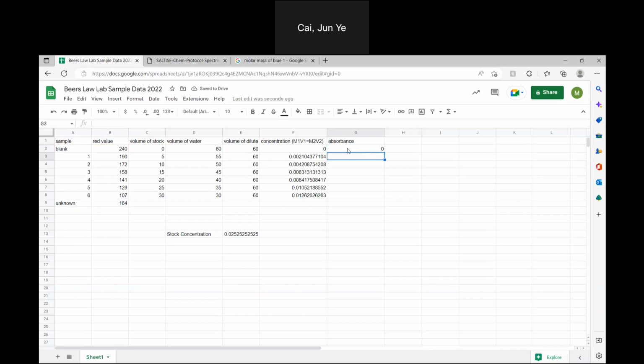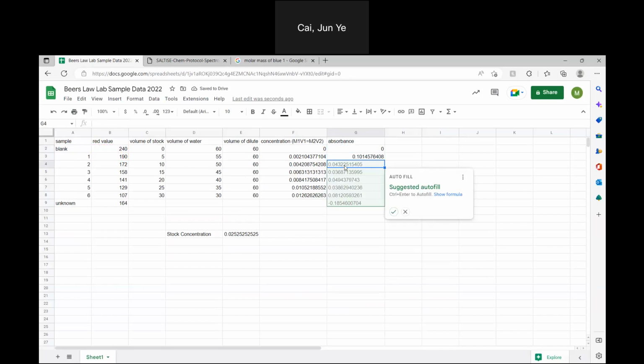No absorption in this case. And then we simply keep inputting this formula: equal to negative log of B3 divided by B2.